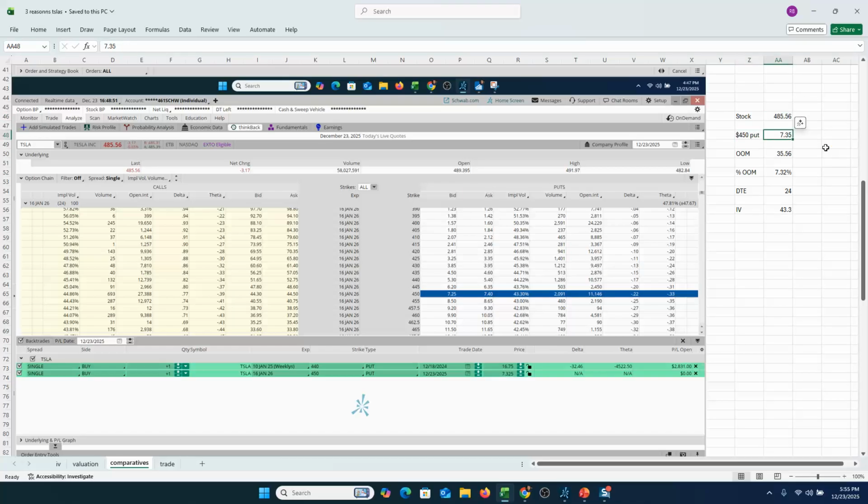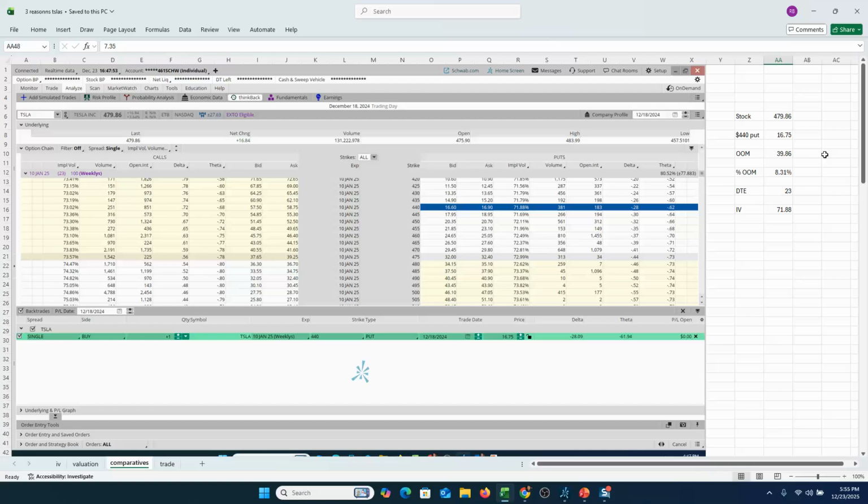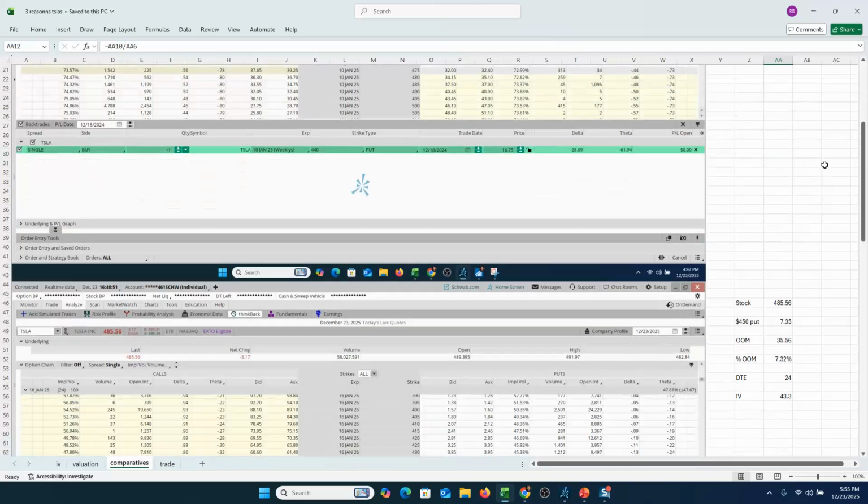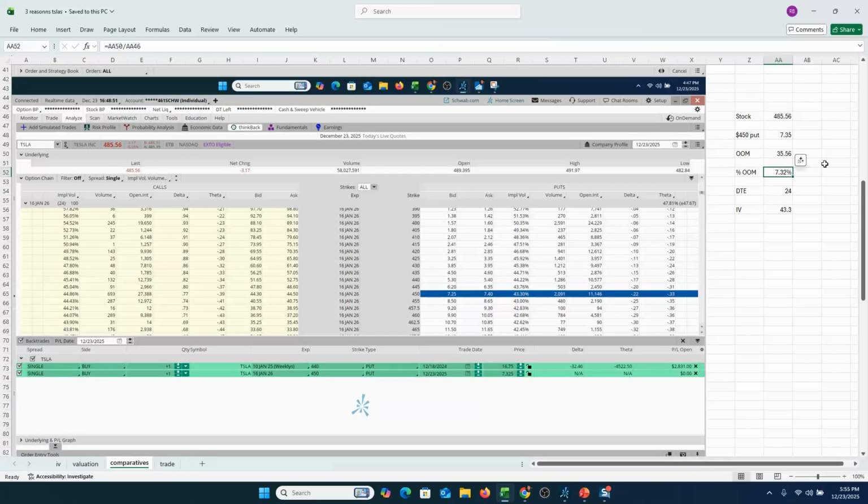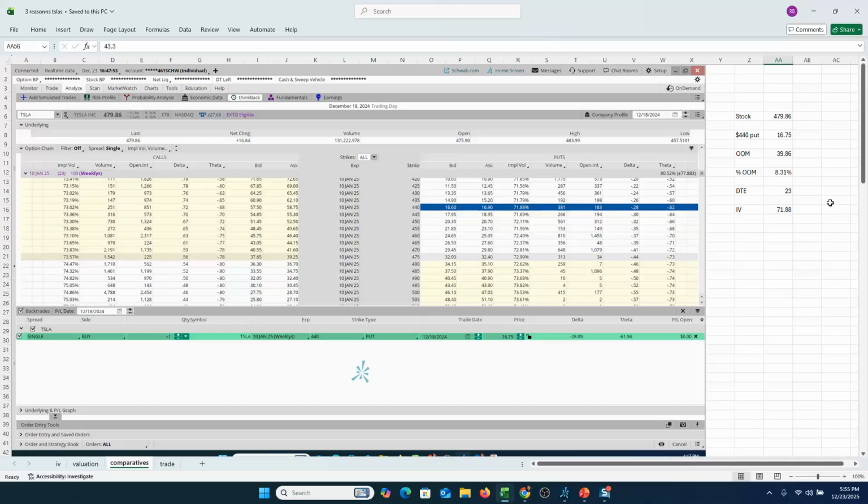That 450 put is 7.35, so it's less than half the price of the further out of the money 440 put back then. You had 1 day less back then as well. Back then it was over 8% out of the money, now just a little over 7%. Why is that? IV now at 43 and change compared to over 71 back then.